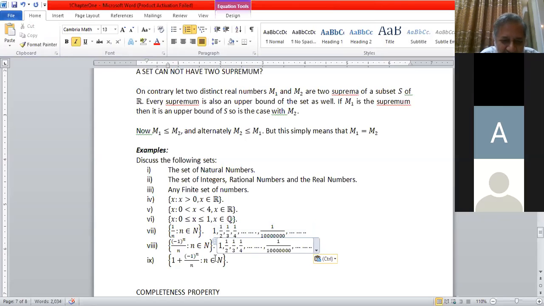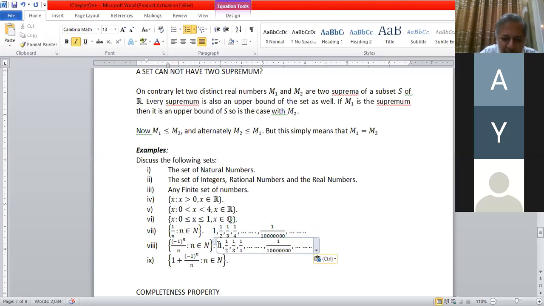What will be the first element of this set? Minus 1 plus 1 is 0... the first element is -1. Then plus 1 by 2. Then minus 1 upon 3. Then plus 1 upon 4.